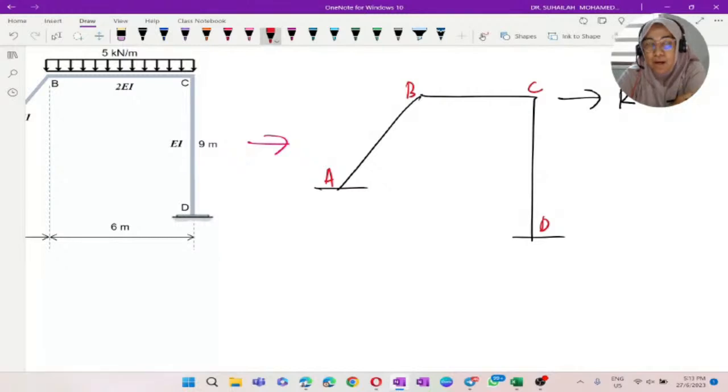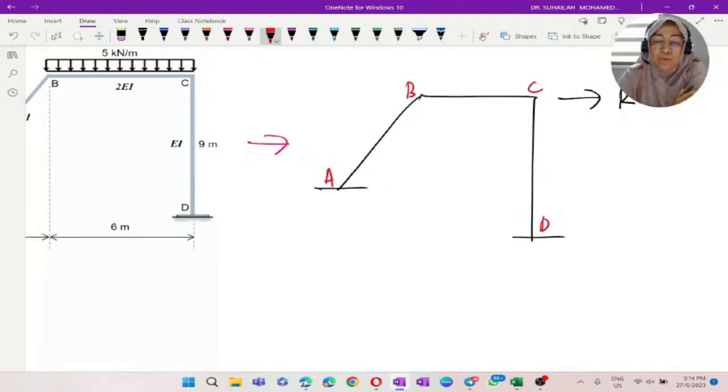BC is the beam. The beam will just follow wherever the column moves. So we have to focus on the delta which occurs for member AB, column AB, and column CD. Always remember that it is perpendicular.